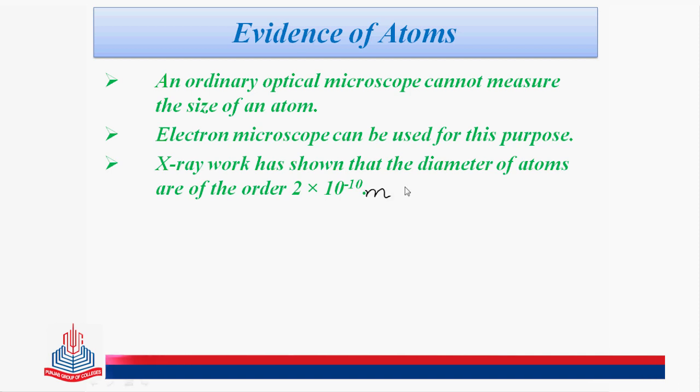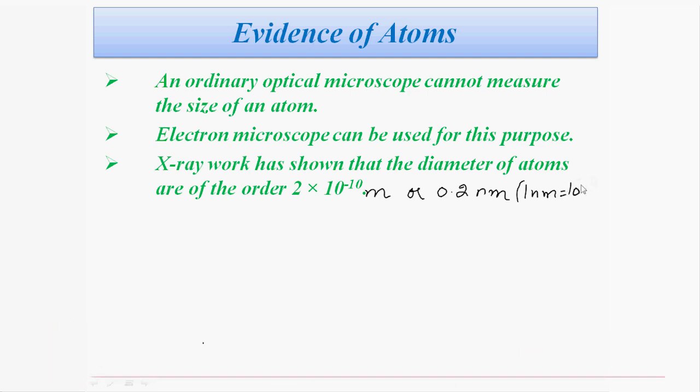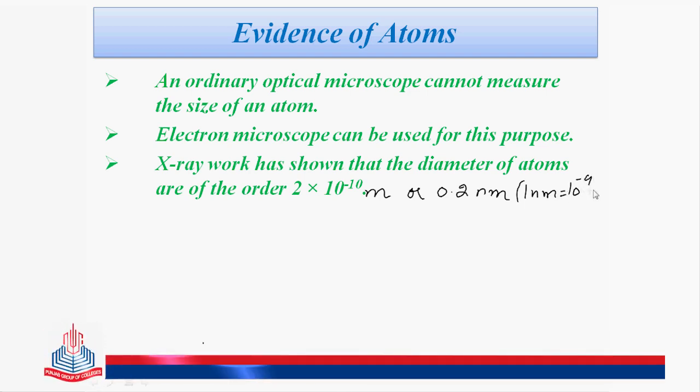We can also call this 0.2 nanometers, as we know that 1 nanometer is equal to 10^-9 meters. We can also say that the radius of an atom will be 1 × 10^-10 meters, or 0.1 nanometer. So 0.1 nanometer can be called the radius of an atom.